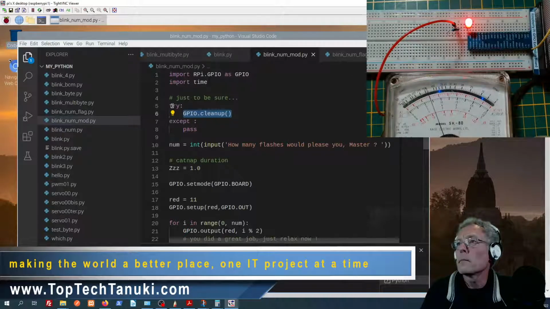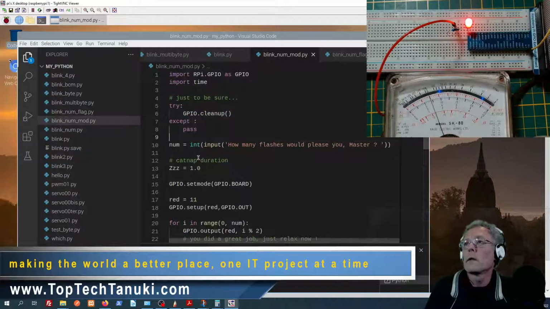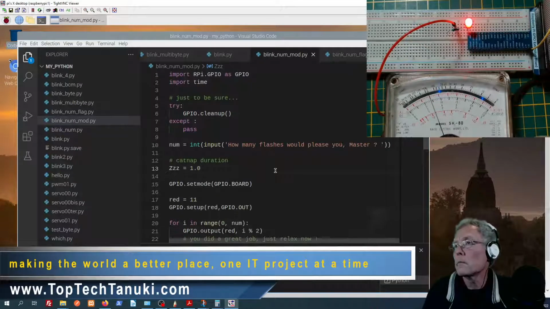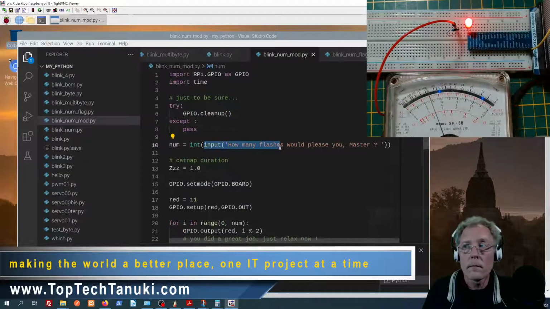So I do it in a try except here. Okay, if there's nothing to clean up, we just pass, so we just do nothing here. We need to make a pass because Python is based on indentation, so if it doesn't have one thing indented here, it will complain too. Okay, we just ask here how many flashes we want, and we want a number.